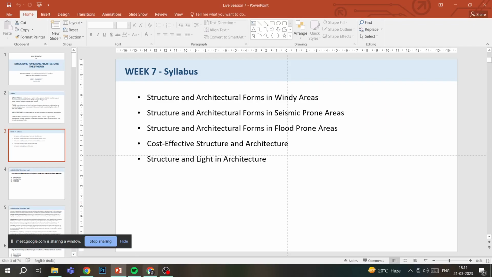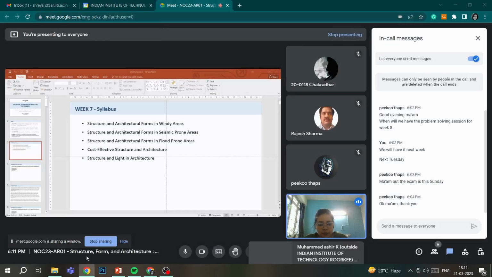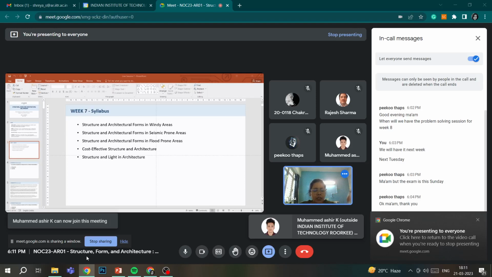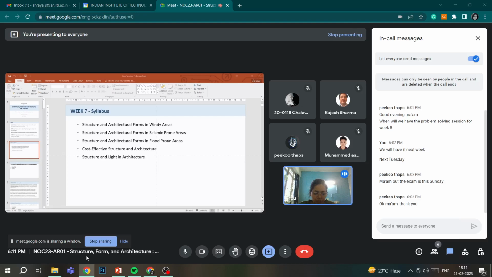It was also discussed how structures like space frames and trusses help in adding light to the building. And then different case studies from all around the world, different buildings, were discussed in this topic. So yeah, this is what was covered in week 7.